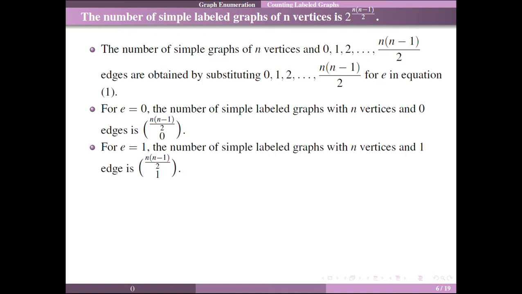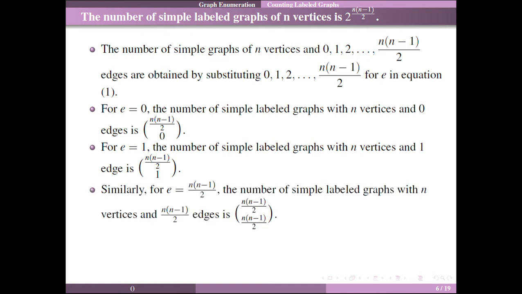For e equal to 1, the number with 1 edge is n(n-1)/2 choose 1. Similarly, for e equal to n(n-1)/2, the number is n(n-1)/2 choose n(n-1)/2.